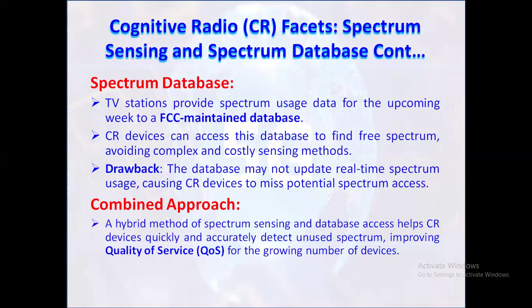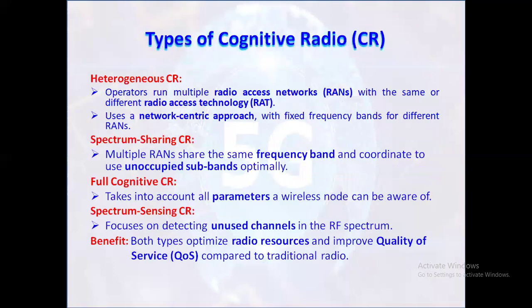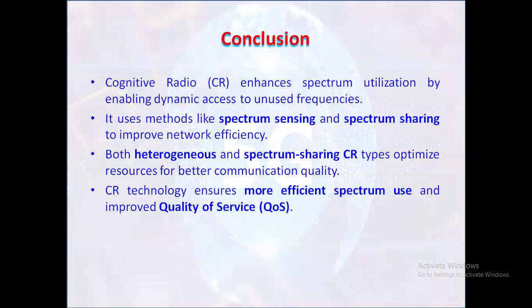As a result, this approach not only helps improve the QoS, that is quality of service, but also supports the increasing number of devices needing spectrum in a dynamic environment. This combined approach enables CR systems to optimize spectral usage while maintaining high communication performance.